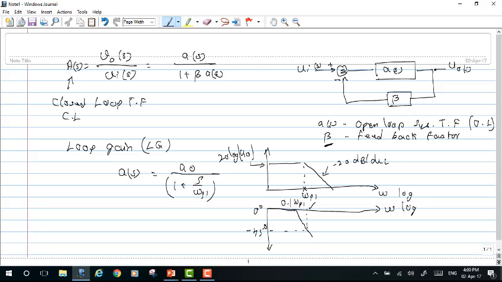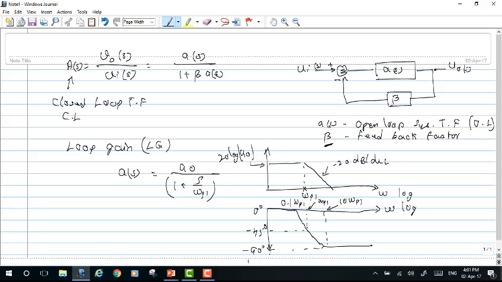And this is at omega p1. So at omega p1 we get a phase angle of 45 degrees, and when we move further away, around 10 times that of omega p1, a decade away from this omega p1, a single pole introduces a maximum of 90 degrees, and at this particular frequency I'll have minus 90 degrees.